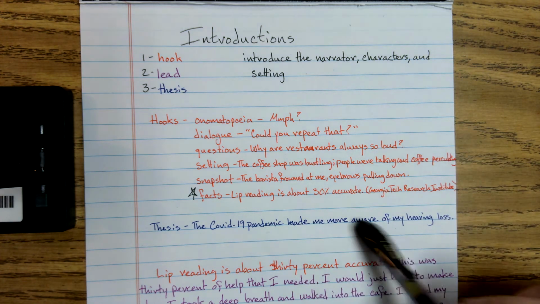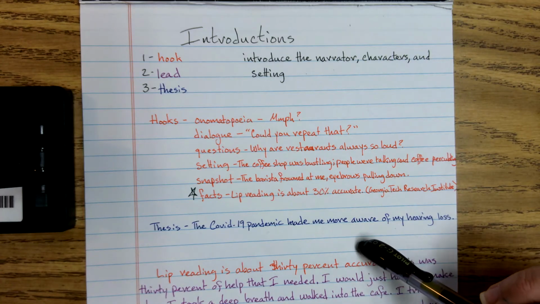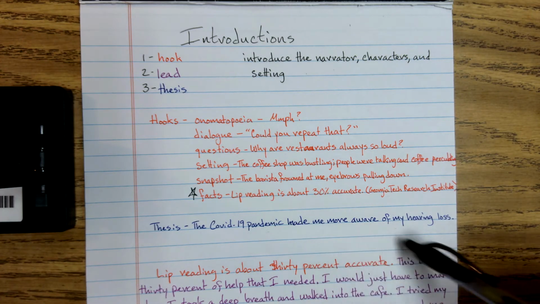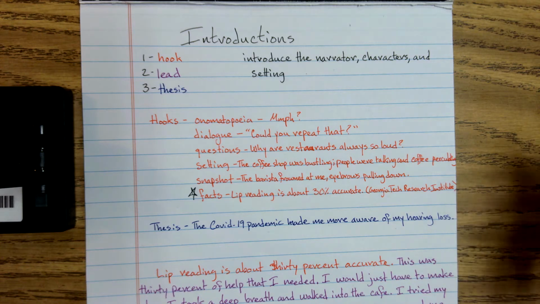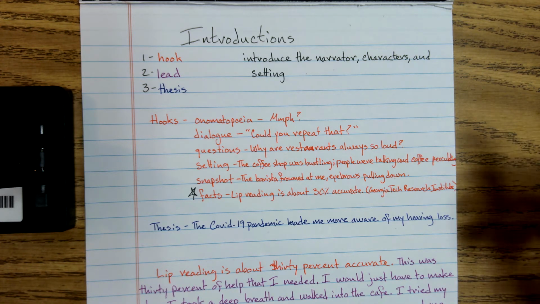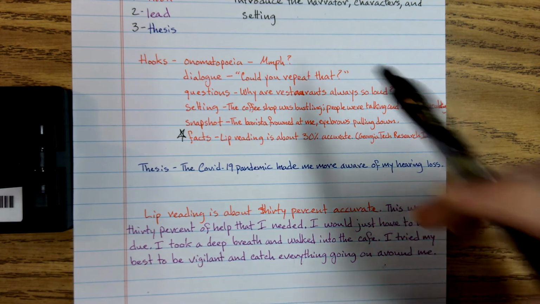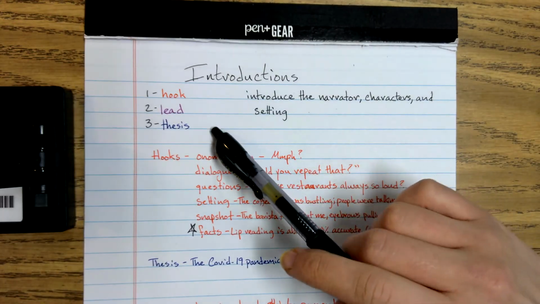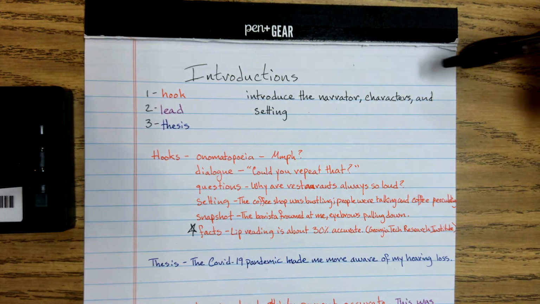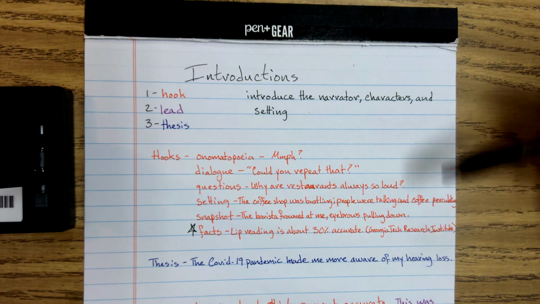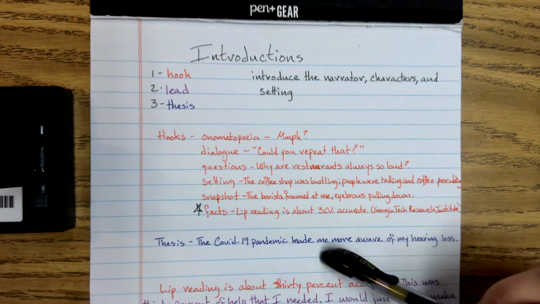So for my narrative, this thesis is going to be, the COVID-19 pandemic made me more aware of my hearing loss. It's still what this story is about, even though it's not leaving that kind of preview of information in a typical way that you might normally see in a thesis sentence. Okay, so the lead, which I have here in purple, is effectively a sentence or more that connects your hook to your thesis.